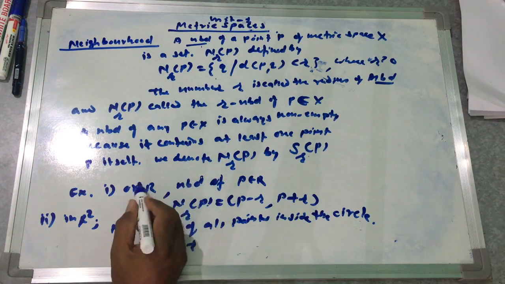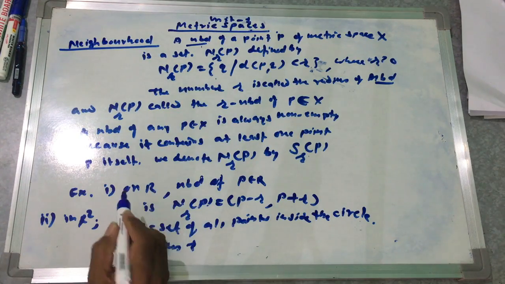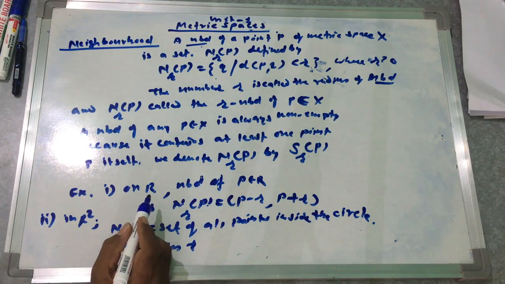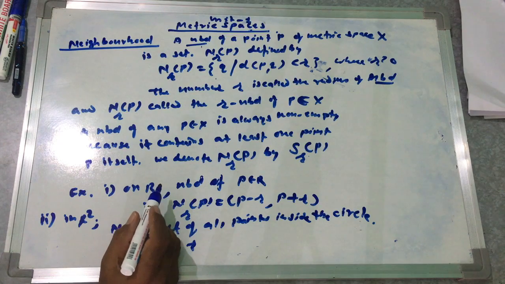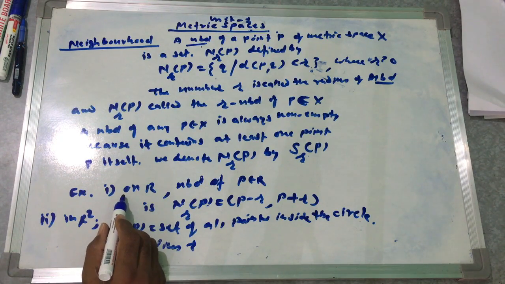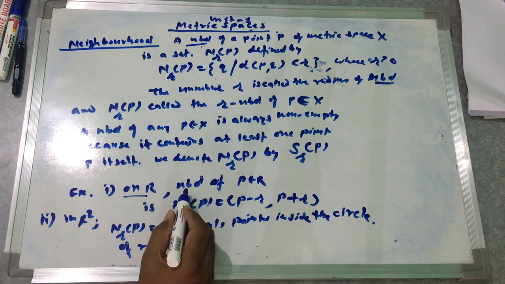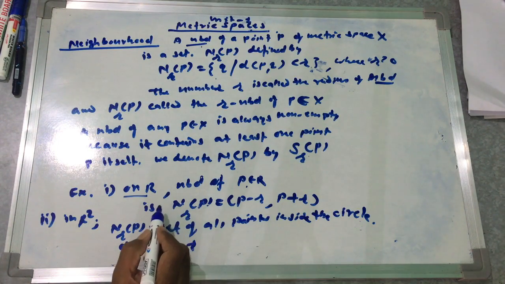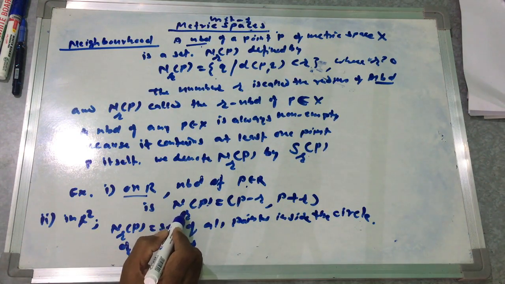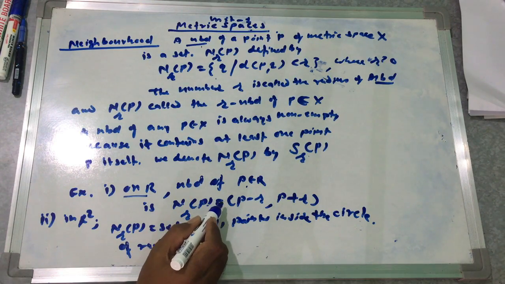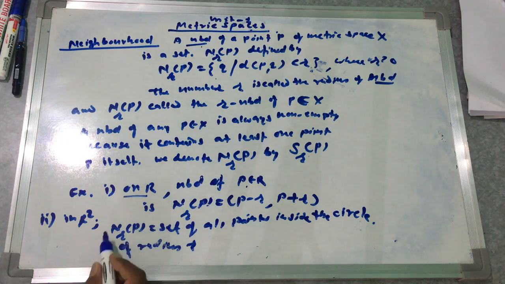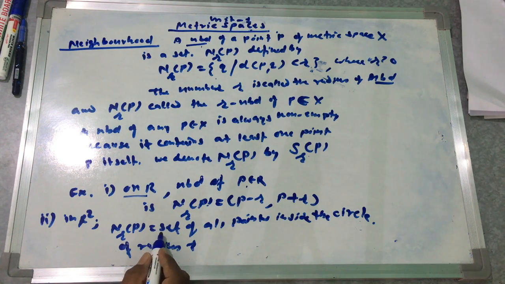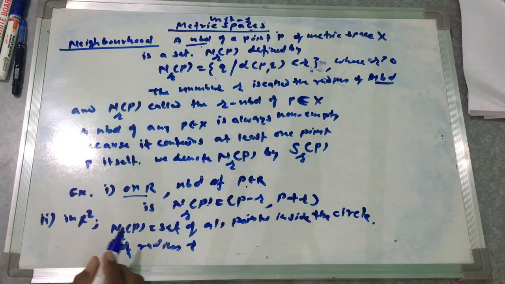This can be illustrated by taking an example. On R, the neighborhood of P is (P minus r, P plus r), and in the plane, N_r(P) is the set of points inside the circle of radius r.